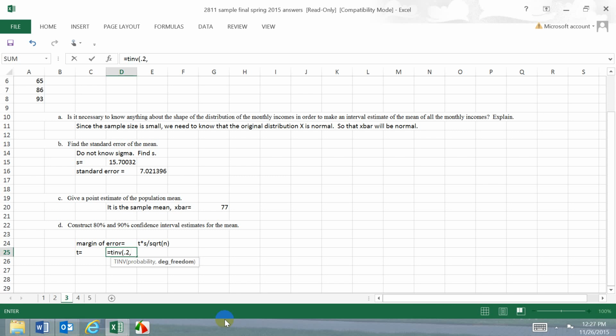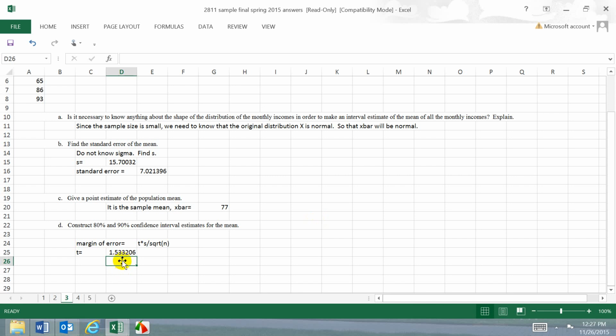So 0.20 or 20% goes in there, and degrees of freedom. Degrees of freedom is n minus 1, 1 less than the sample size. The sample size was 5, so that's 4. And here is T inverse, 1.53 for an 80% confidence interval.